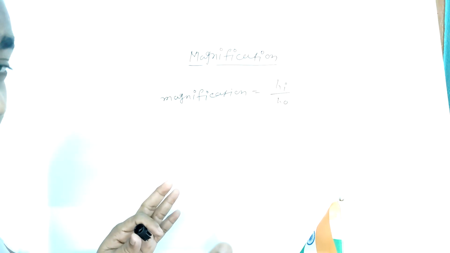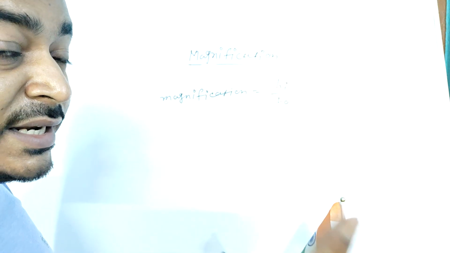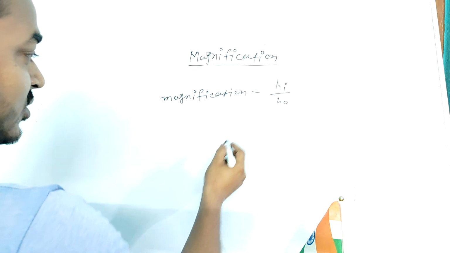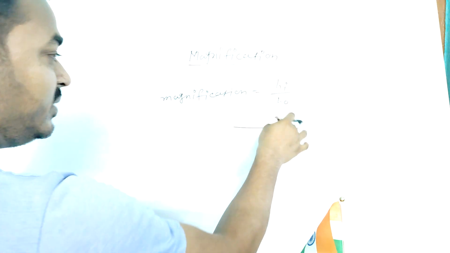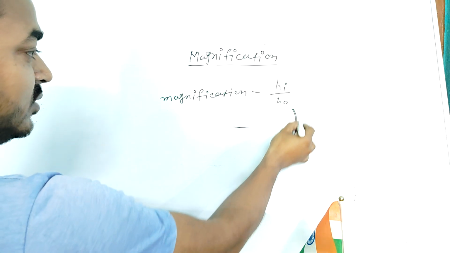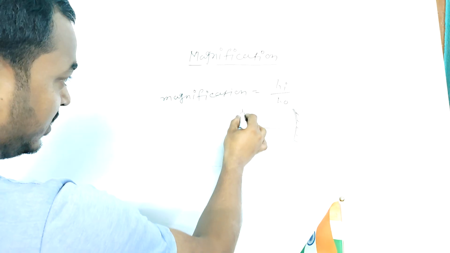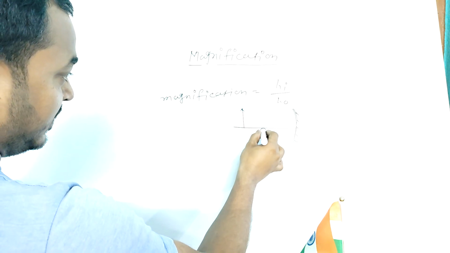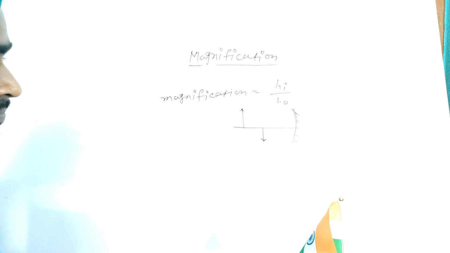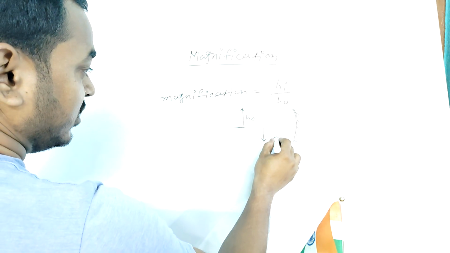Now consider, after placing one object, we are getting one real image. So suppose mirrors are given, so obviously when we are getting one real image, it must be a concave mirror. So after placing one object here, say I am getting one image here, and this is the height of the object, and this is the height of the image.